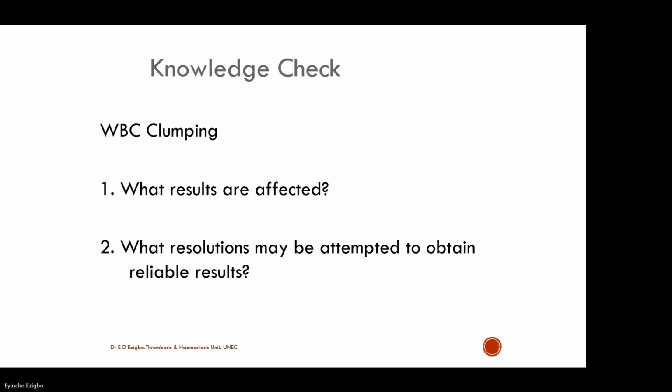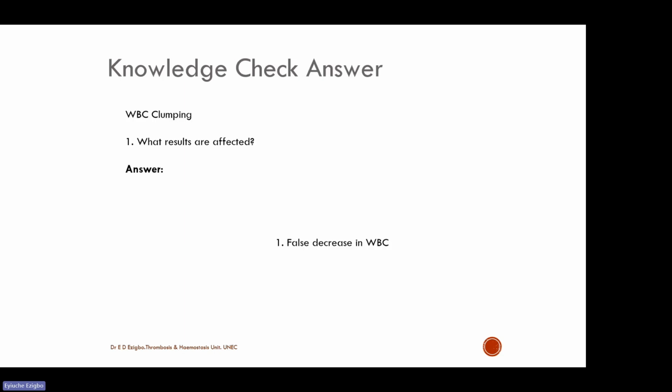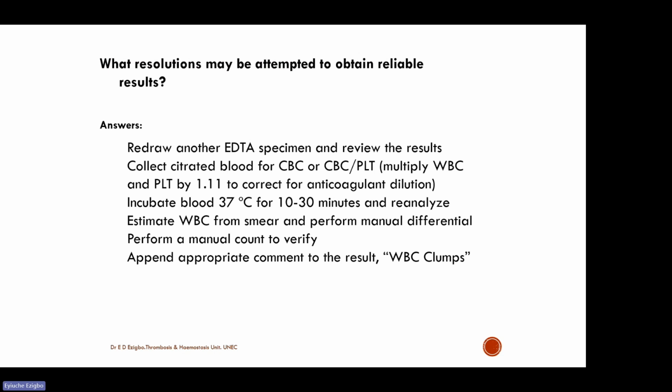So when you see WBC clumping, what results are affected? What resolution may be attempted to obtain reliable results? If you see WBC clumping, it may give you a falsely decreased white blood cell count. What resolution may be attempted to obtain reliable results?